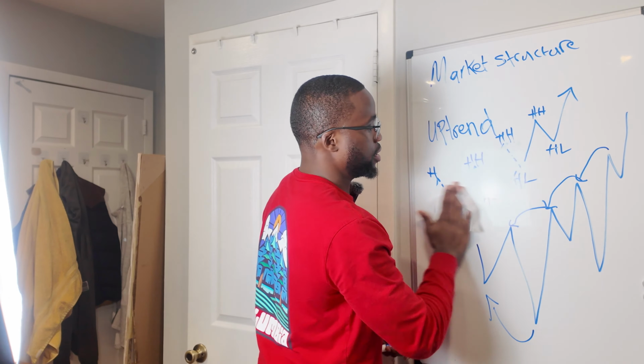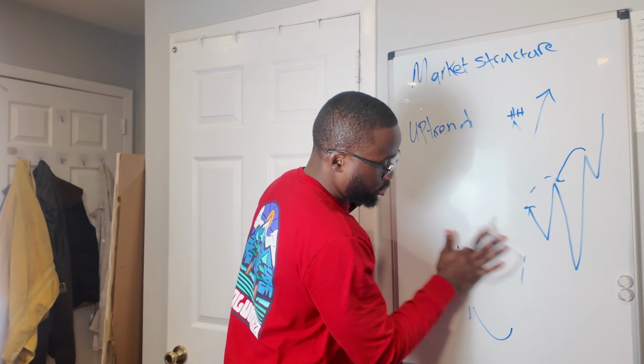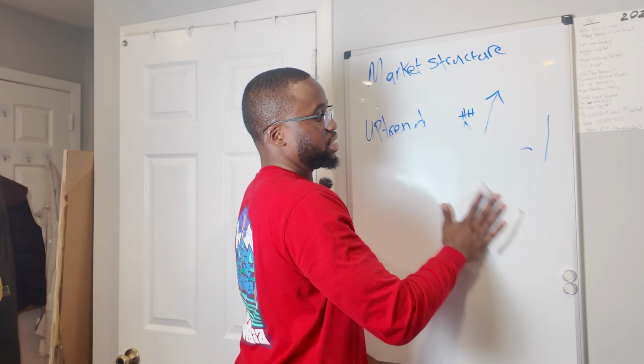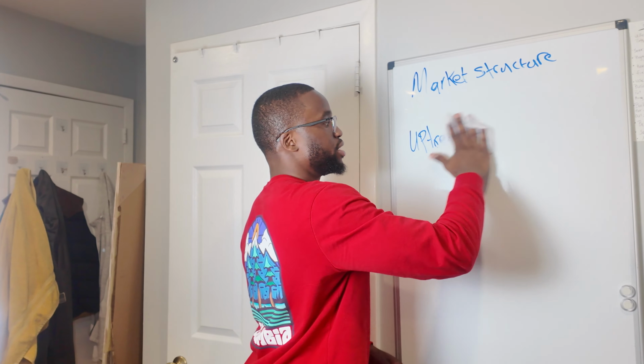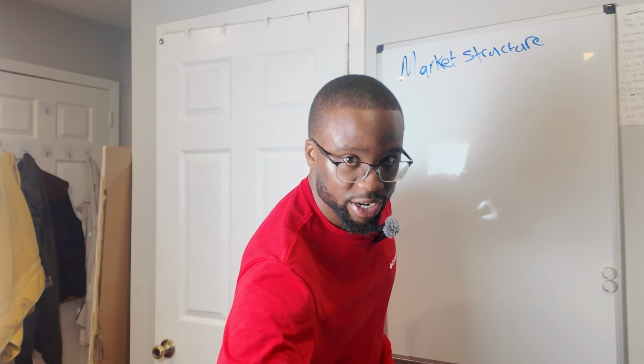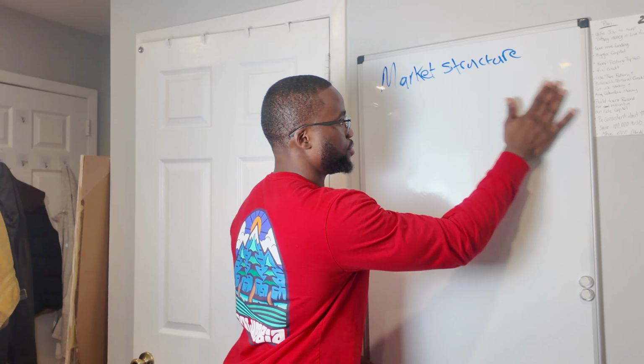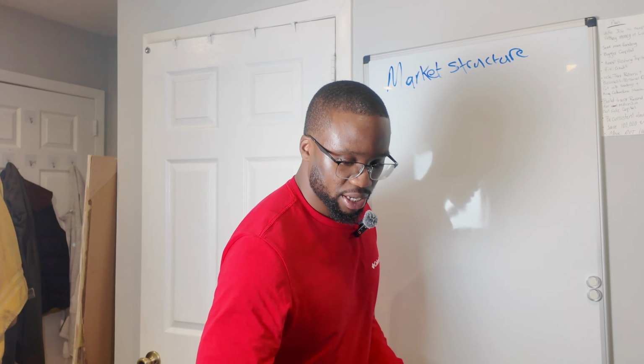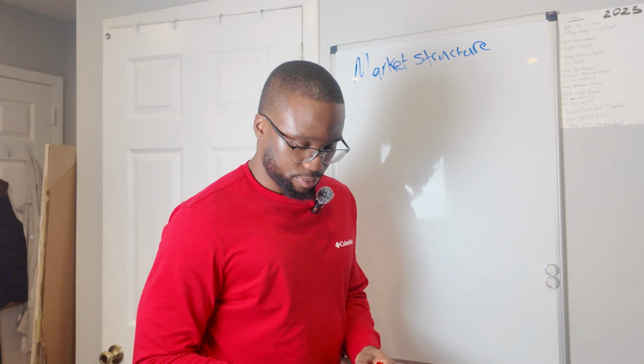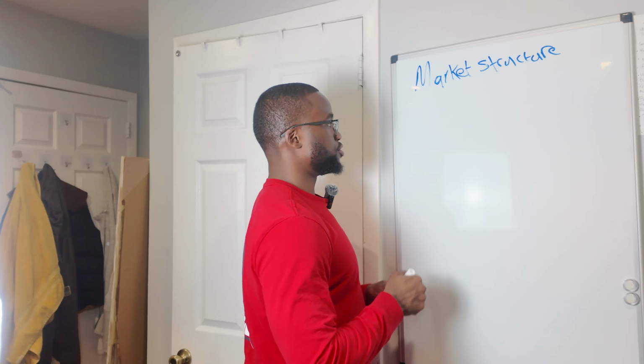So that's an uptrend. Basically, a downtrend is just the very opposite of what an uptrend is, right? In the simplest form, it's just the same thing in the opposite direction. So, downtrend.